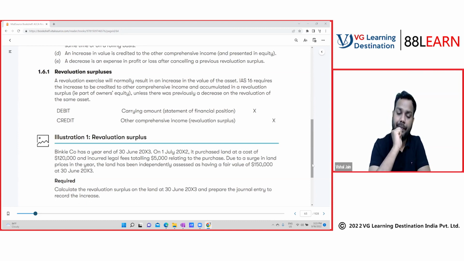Tell me what is the journal entry for illustration number 1. SPL to PL to revaluation surplus.